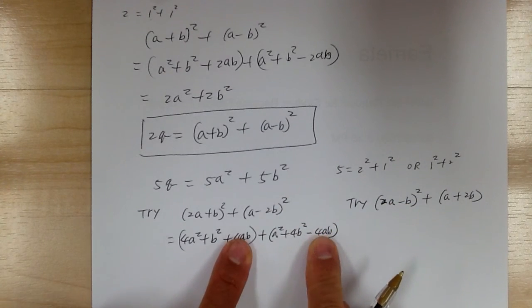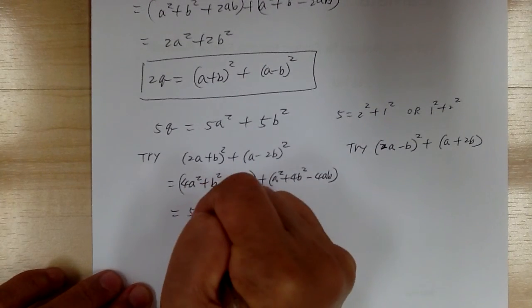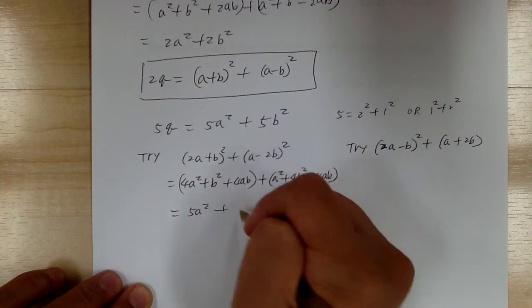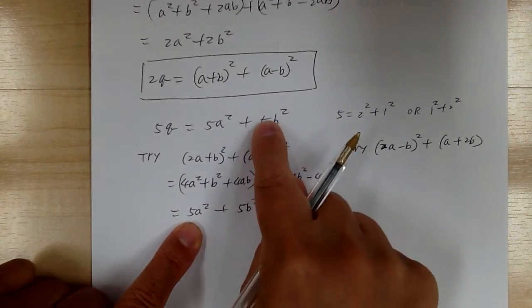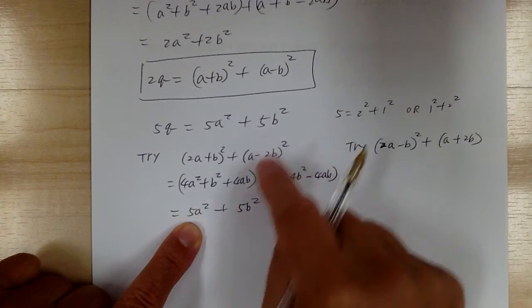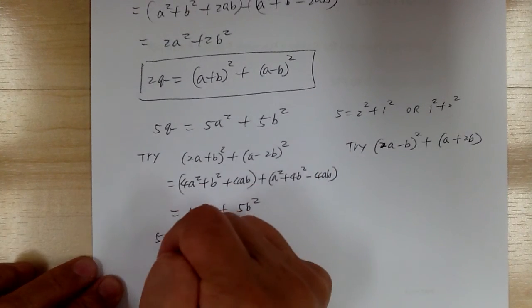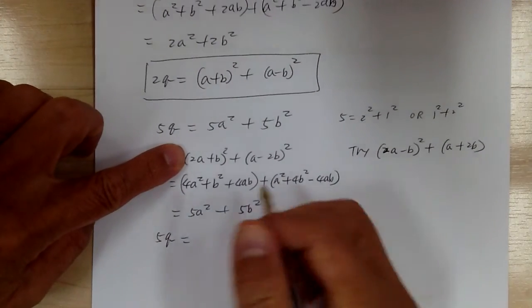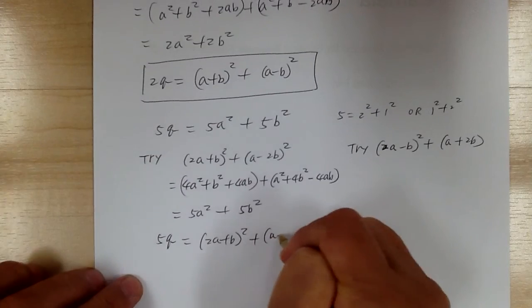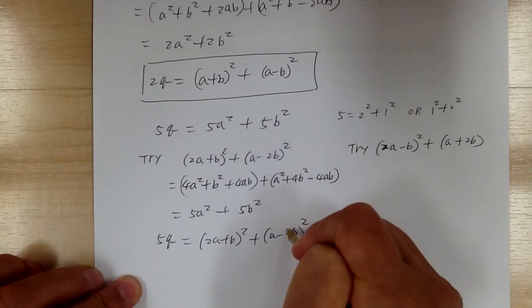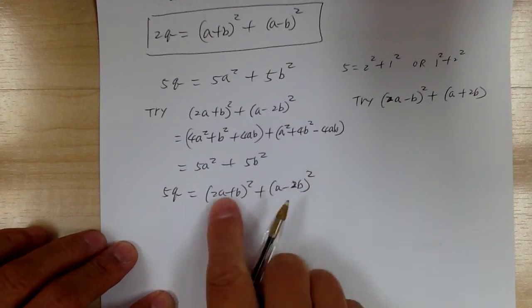Notice this one will cancel out. So you end up equal to 5a squared plus 5b squared. And that's what we have, right? See this over here? If you go backward, this will equal that. So now 5q equals 2a plus b squared plus a minus 2b squared. Again, 5q will equal a sum of two perfect squares.